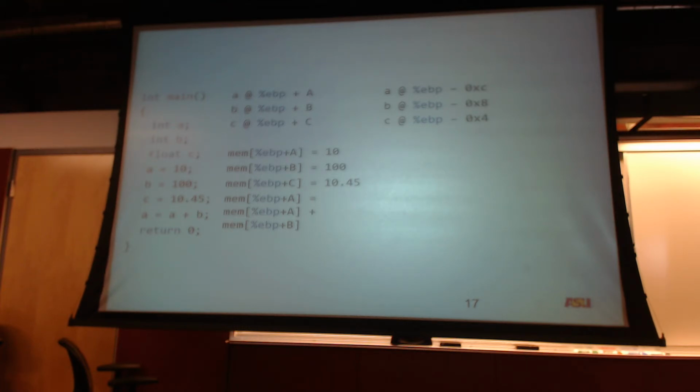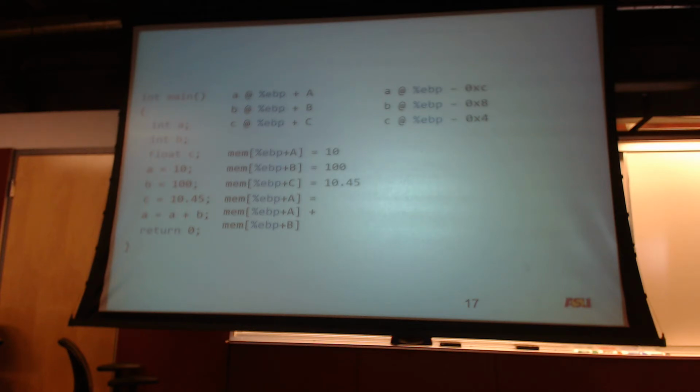Actually, let's not have numbers. If we have numbers, there will be problems. So let's draw it again. Let's say we have EBP here.